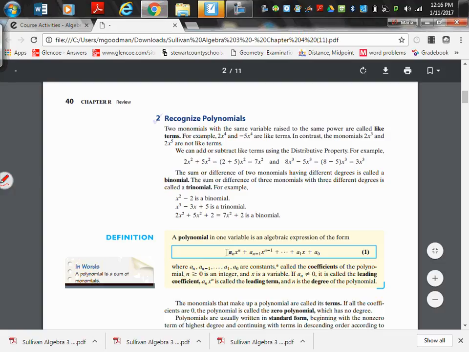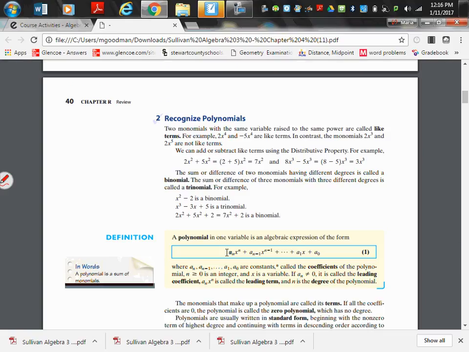It'll have the biggest exponent. And in a polynomial, you do not add the exponents to get the degree. Monomials, you add the exponents to get your degrees. Polynomials, you do not. The degree comes from the largest.